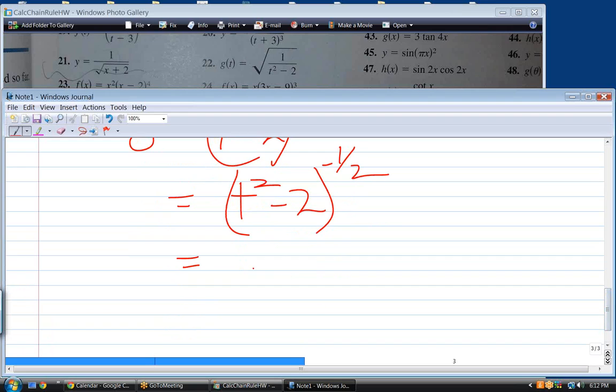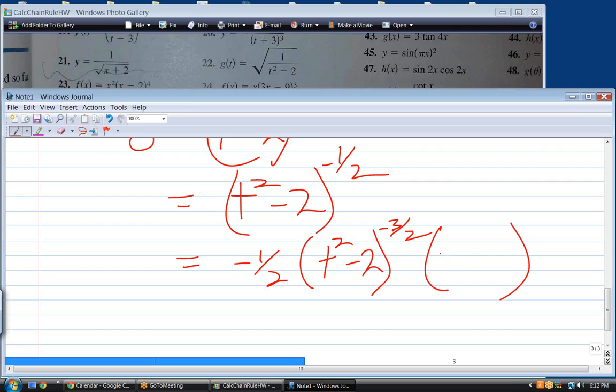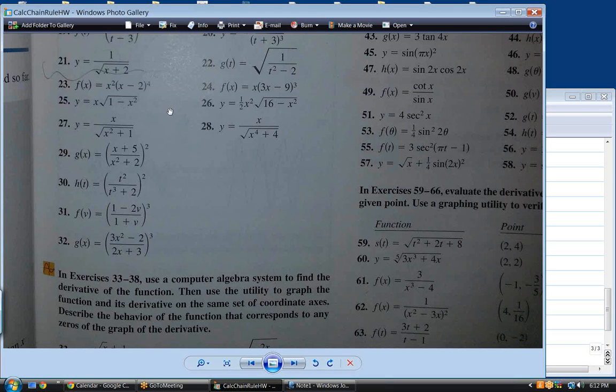So negative 1/2, then in parentheses t squared minus 2, and then outside the parentheses to the negative 3/2 power, and then inside it's just 2t. Correct. And that's the best way to handle that.